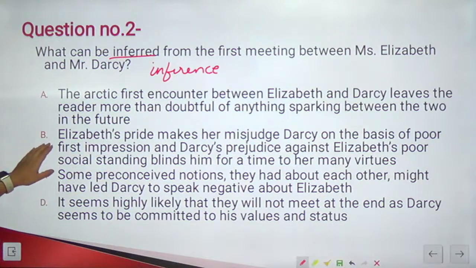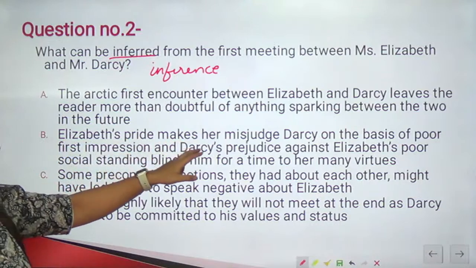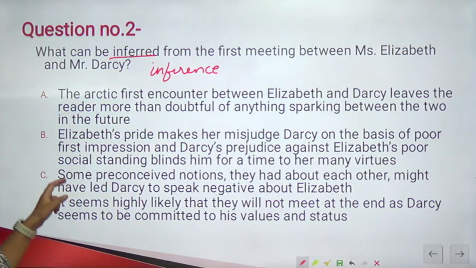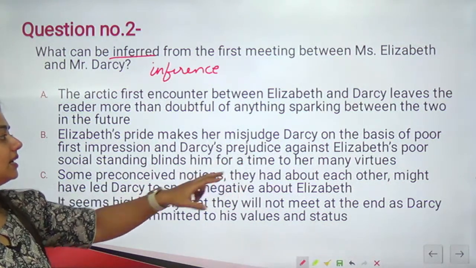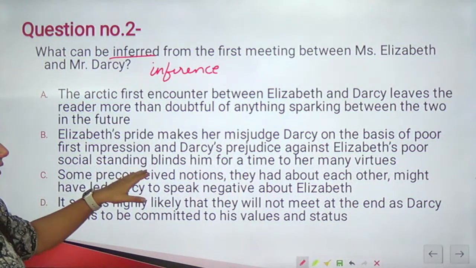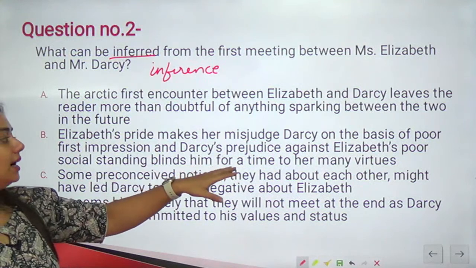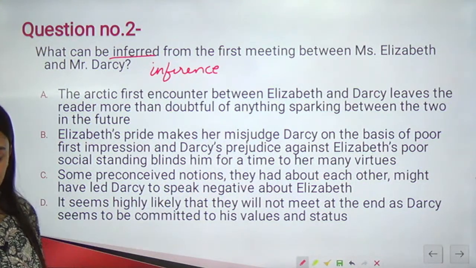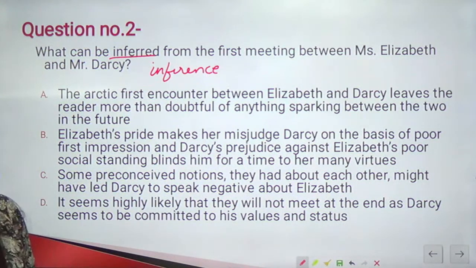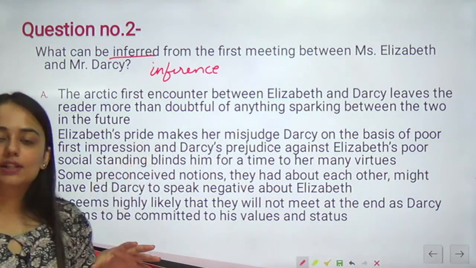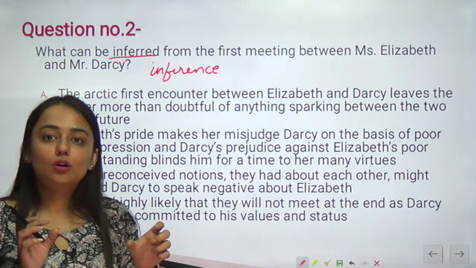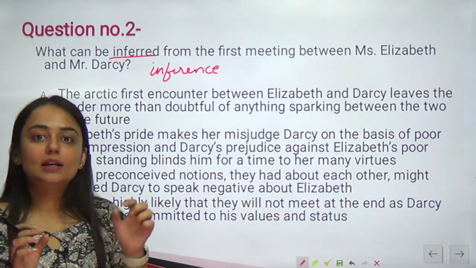Or, "Elizabeth's pride makes her misjudge Darcy on the basis of a poor first impression, and Darcy's prejudice against Elizabeth's poor social standing blinds him for a time to her virtues." Now, the second option is a very tricky one, I would say, because the name of the story is Pride and Prejudice.